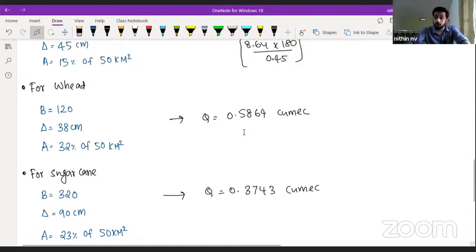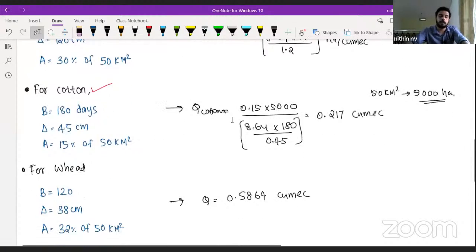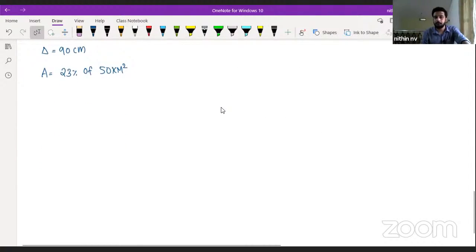Now see which crops are there. Examples of Kharif: rice is Kharif, cotton is also Kharif. But wheat is Rabi, whereas sugarcane will be there in both seasons. So what we have to check? The required discharge will be whichever is maximum out of those two.